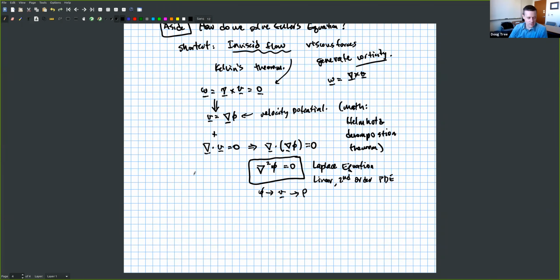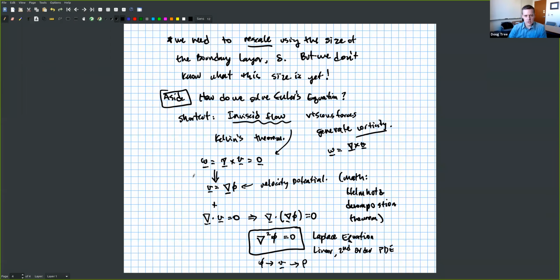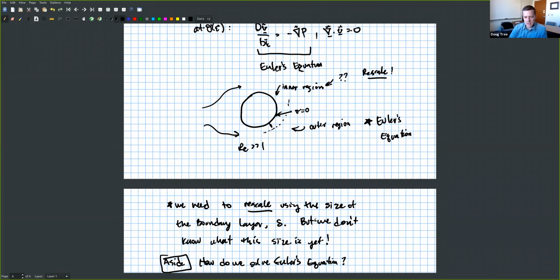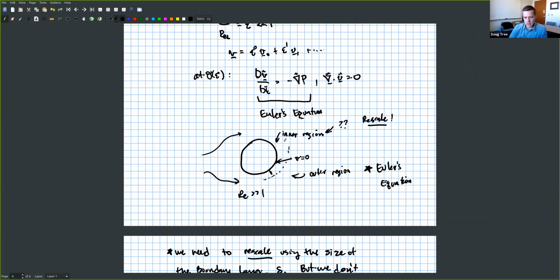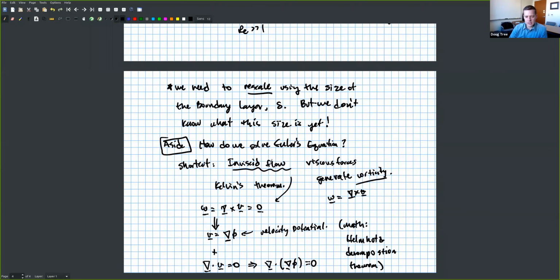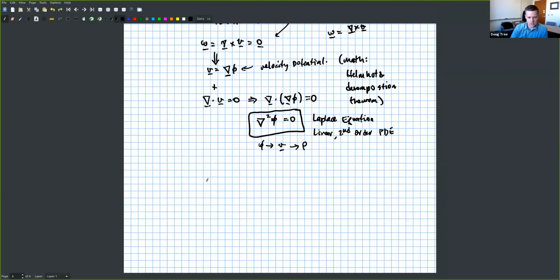Okay. All right. So where were we? We were up here and we said, well, we need to rescale to talk about the inner region. And that actually leads us to a whole separate subsection here, which are called the boundary layer equations. So B are boundary layer equations.